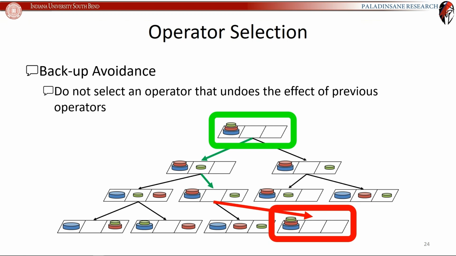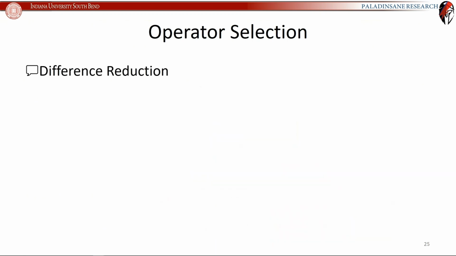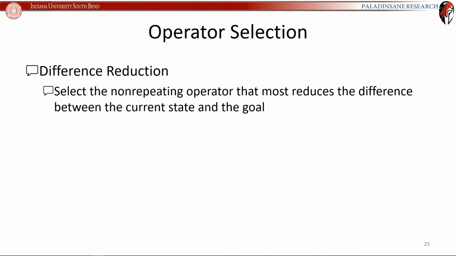We are continually reducing the difference between where we start, nobody on the other side of the river, and where we want to end up, everybody on the other side of the river. We continue to reduce the difference between those 2 states. This is known as difference reduction. You select the operator that most reduces the difference between your current state and your goal.